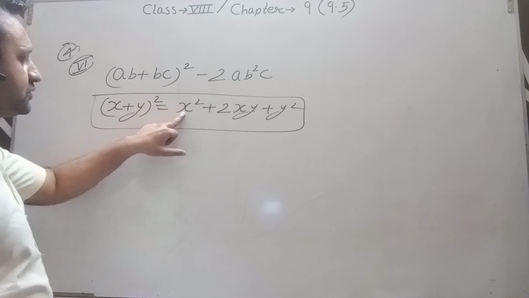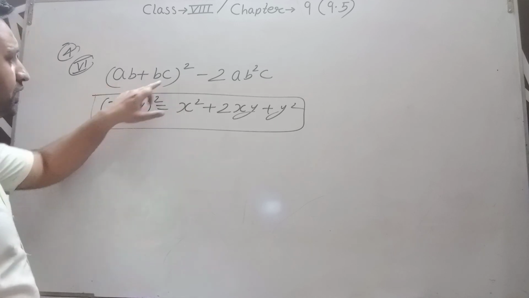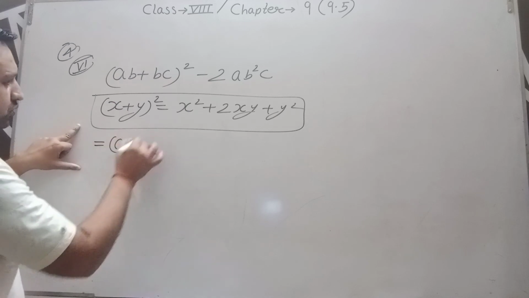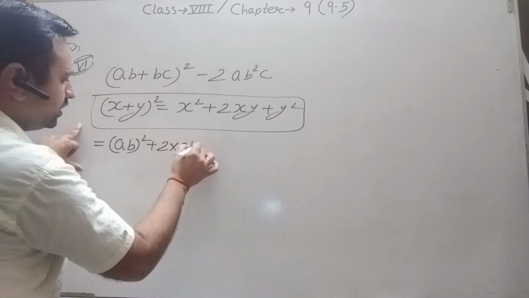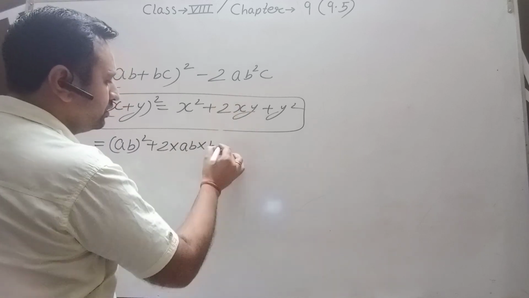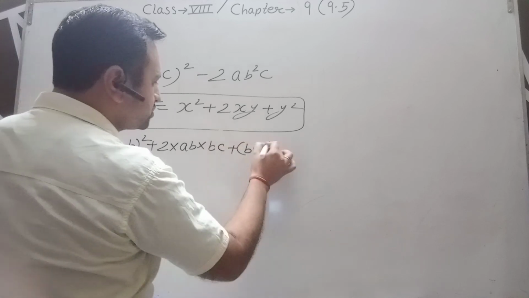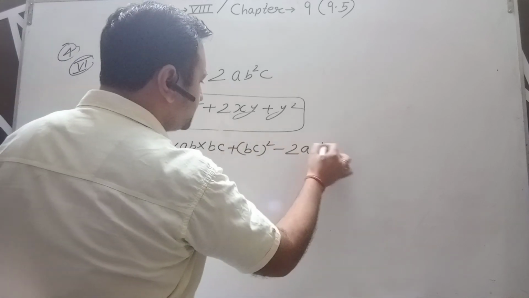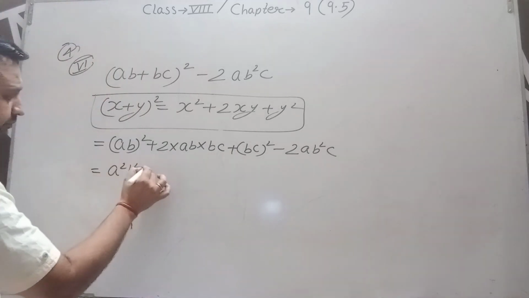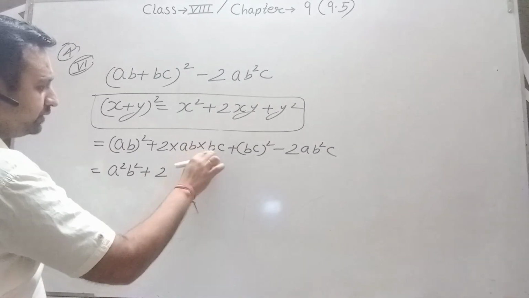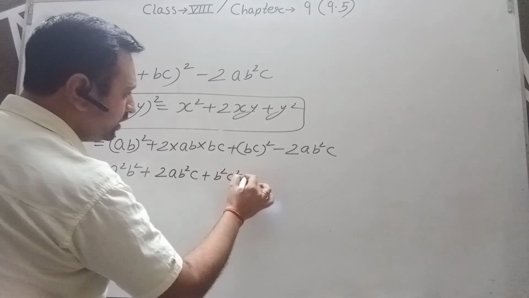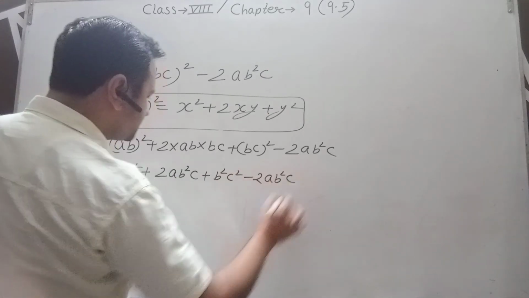In place of x we note down ab, and in place of y we note down bc. (ab) whole square plus 2 multiply ab multiply bc plus (bc) whole square minus 2ab square c. a square b square plus 2 multiply ab multiply bc, so 2ab square c, plus b square c square minus 2ab square c.